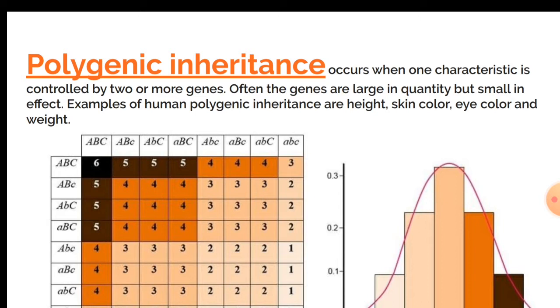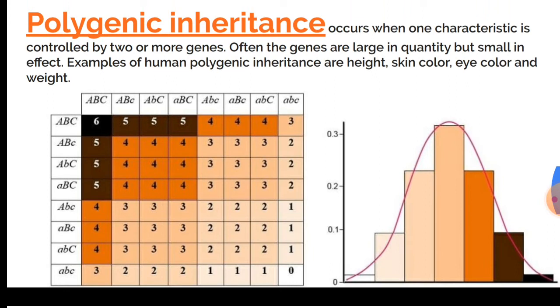Here you see the example of skin color, in which there are three genes involved, A, B, and C. Obviously we represent the dominant characteristic by a capital letter and the recessive one by a small letter of the same alphabet. So A, B, and C in capital letters are the dominant genes, whereas small a, b, c are the recessive genes. Dominant genes show darker skin color, whereas the recessive genes show the lighter skin color.